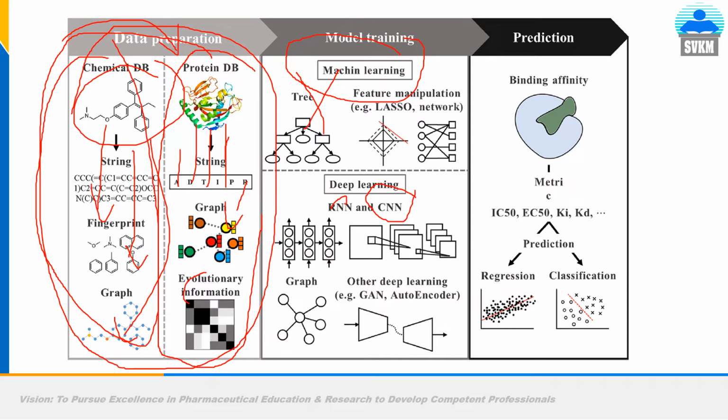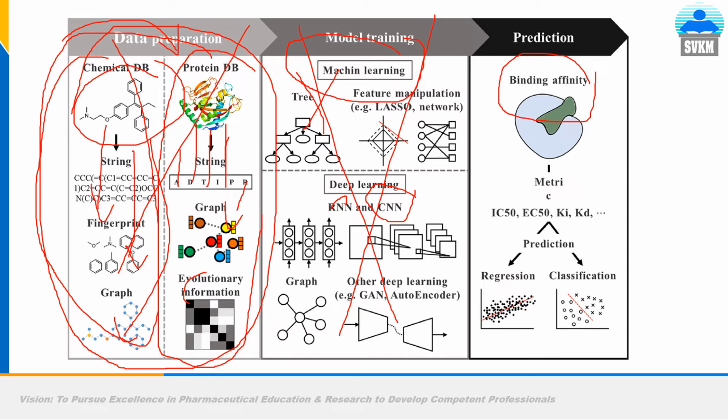So this is your input data, this is your machine learning model. After the machine learning model, you will get the result in terms of binding affinity. If your novel drug-like molecule given by the deep generative model is fitting or binding with the protein, then there will be two outputs: yes, it is binding, or not binding.